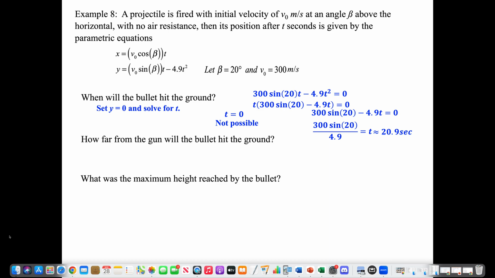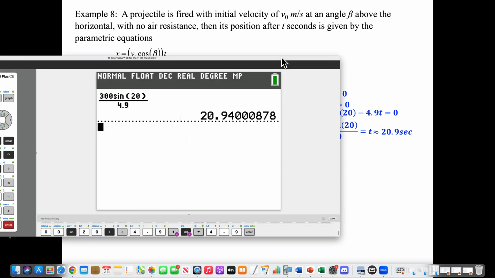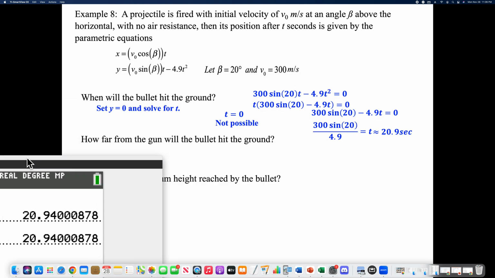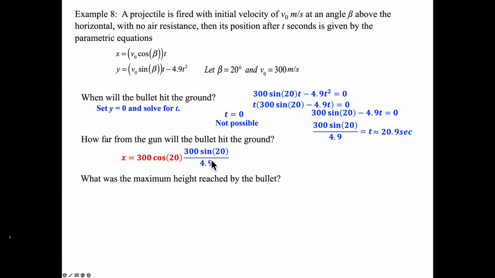Now, the other thing you might choose to do, because I'm guessing we may have to use that time again, for example, part B here, how far from the gun will the bullet hit the ground? Okay, so we found the time at which it hit the ground. I'm going to go back to my calculator, store this for whatever variable you want. Let's say t, because we're in the parametric and that's what it was. It's saved. Now take your x equation, 300 for the velocity times cosine of 20 times the t.